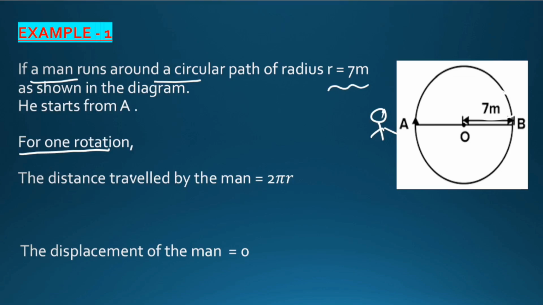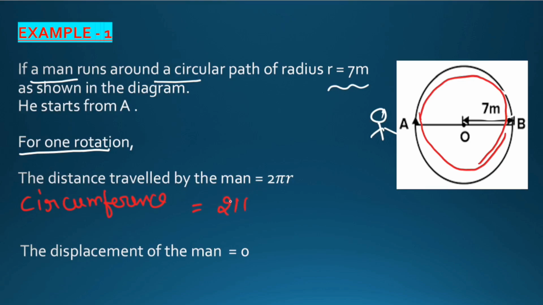Now what is the distance traveled? This is the longest path, right? The longest path is equal to the circumference of the circle, which equals 2 pi r. What is r here? 7 meters. Now, 2 pi into 7 is 14 pi meters, right?